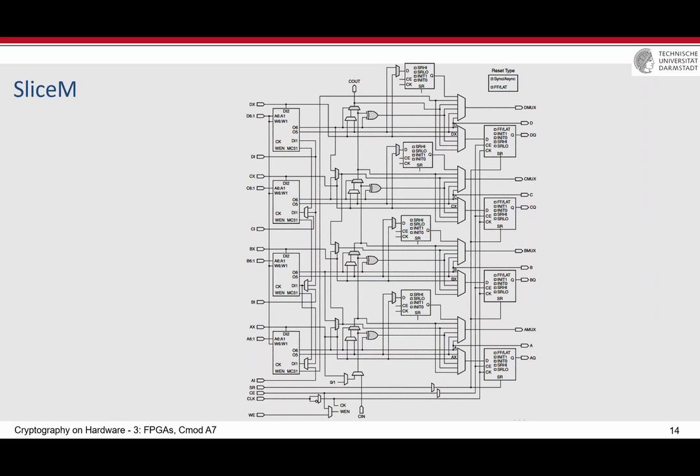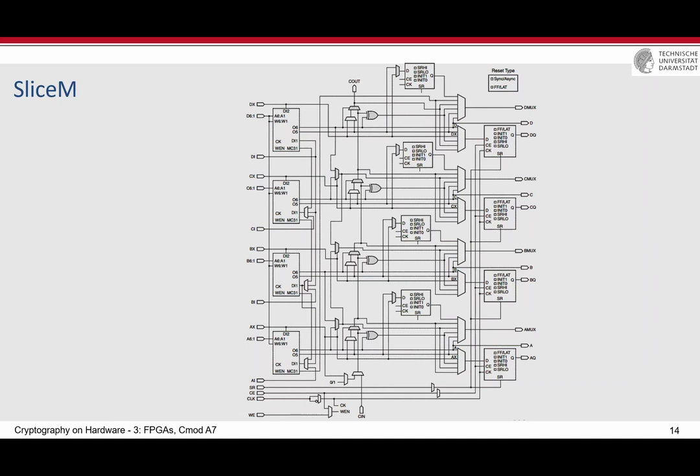This is kind of a shift register: you put a value, you clock, then some bits are shifted and the new values will be loaded. You can entirely change the content of the lookup table of the slice M, but of course it takes a couple of clock cycles. You cannot change the entire configuration of a lookup table in one clock cycle. It takes some time, but it's possible to reconfigure this completely.